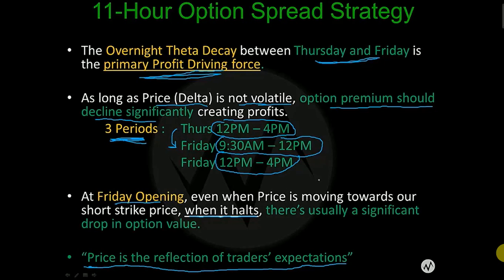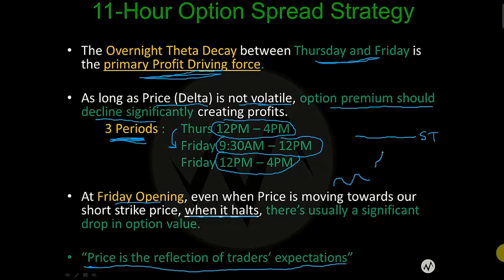So if we have a bearish call credit spread and I have my short strike here and I want the price of Apple to stay below that, here's Thursday, and then the next morning we gap up higher and we start to run and we go like this.